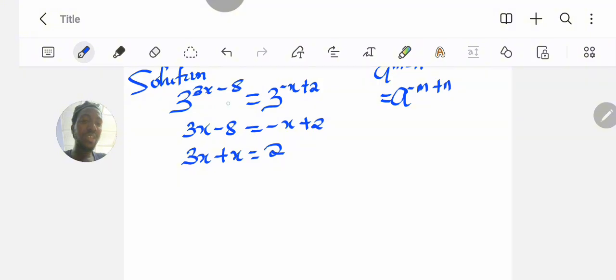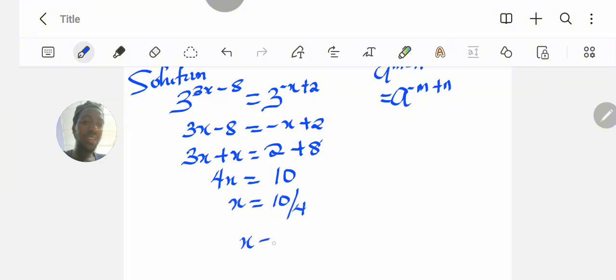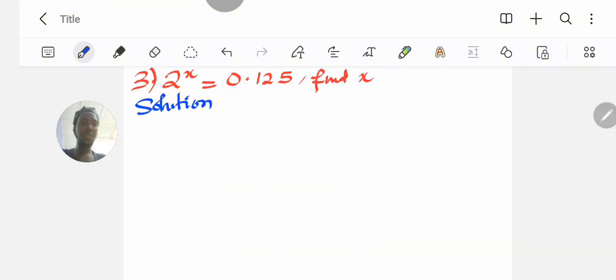We have 2 on the right hand side, and if minus 8 goes to join it, we have plus 8. So 3x plus x, that's 4x, equals 2 plus 8, that's 10. And x equals 10 over 4, and dividing by 2, that's 5 over 2. 2 in 10 is 5, 2 in 4 is 2. So that's the answer to the number 2 question.